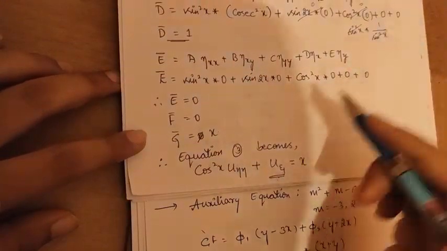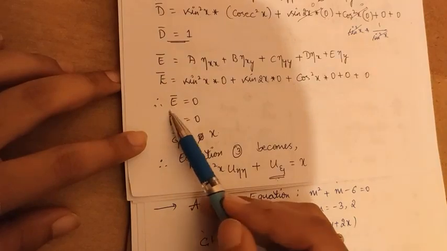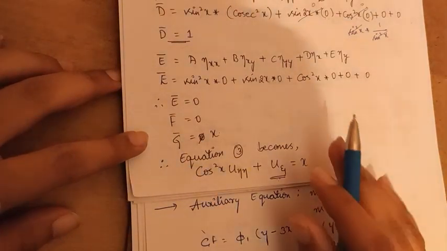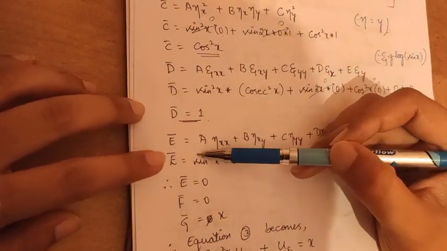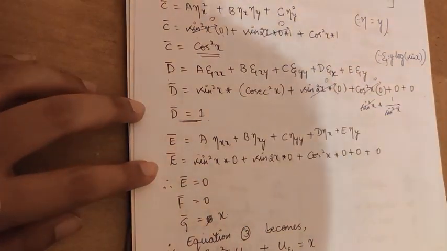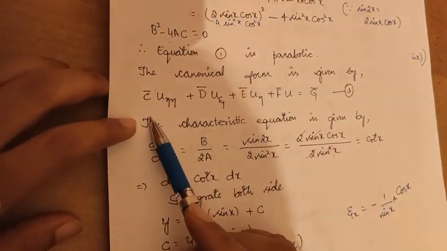Similarly, you have to find the value of E bar, F bar and G bar. So now you should substitute the value of C bar, D bar, E bar, F bar and G bar in your canonical form.